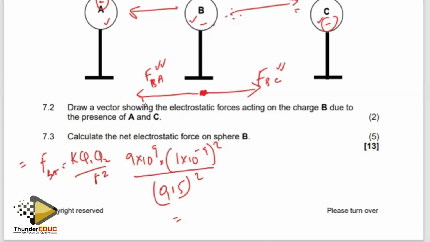If I punch that into the calculator, 9 times 10 to the 9, and then I'm multiplying by 1 times 10 to the -9.